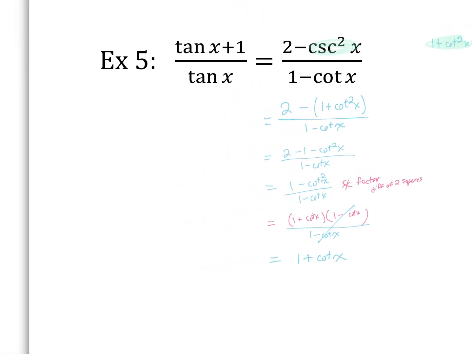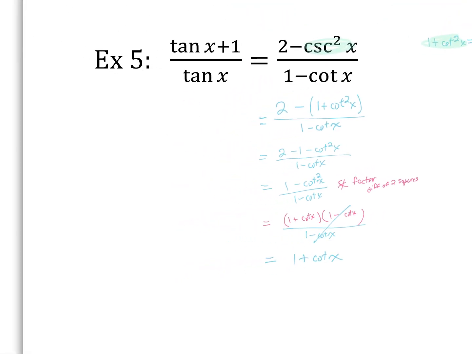I want you to go over to this left side. It's not ideal if you're working on both sides, but in this case, I think it helps to do that and you can kind of see where we should be going. At least I hope you can. What should we do on that left-hand side? Who's got an idea? Cancel the tan. Okay, we can't just divide out initially.